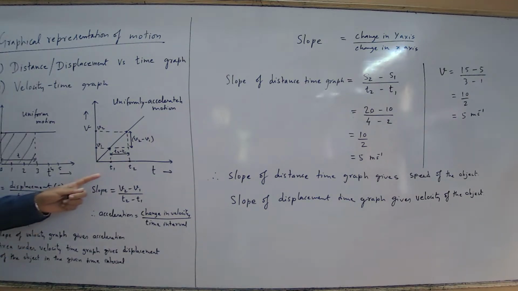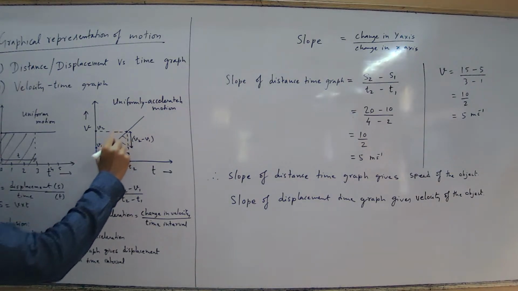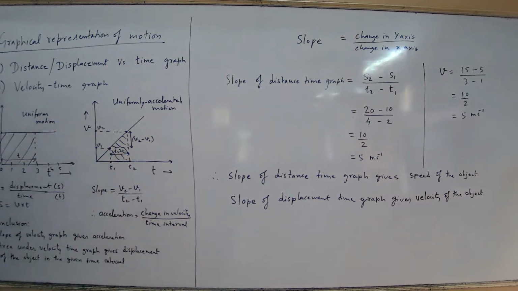So if I ask you what is the displacement in the time interval T1 to T2, it will be the area of this triangle and this full area. So this is your velocity time graph, right?